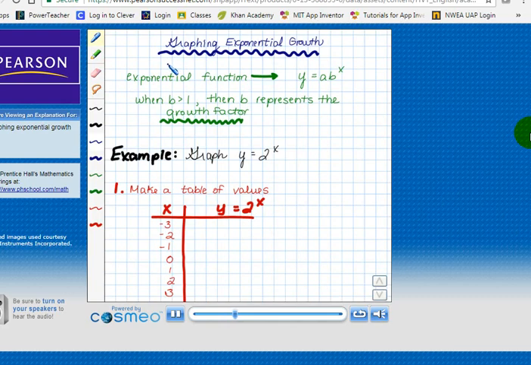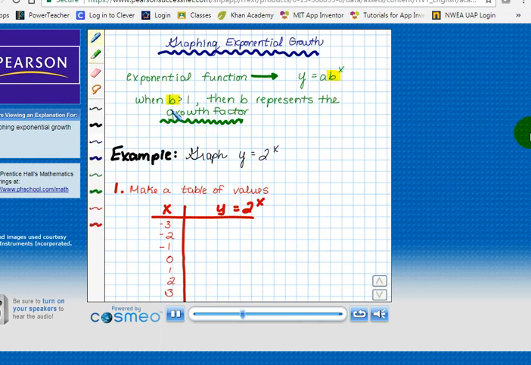Hello, my name is Mrs. Jenkins, and I wanted to discuss with you graphing exponential growth. Now, when we're graphing exponential growth, we're going to be looking at an exponential function. A function of the type where we have y equals a times b to the x power, where your exponent is your variable x, and it represents a real number. Now, the thing that we want to focus on here is the base, b.